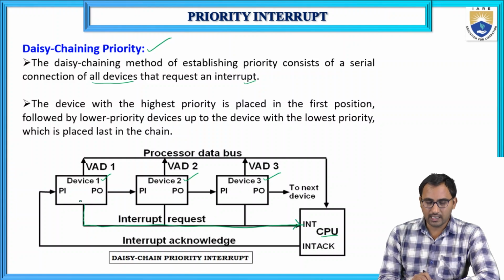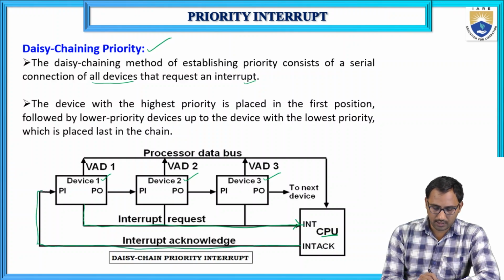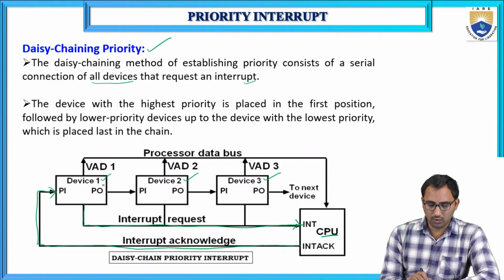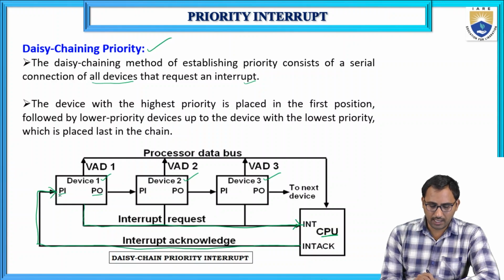That means the interrupt from the first device will be given to the CPU, so that the CPU will send an acknowledgement to the interrupting device. Every device here has a priority input and a priority output, so one input and one output.